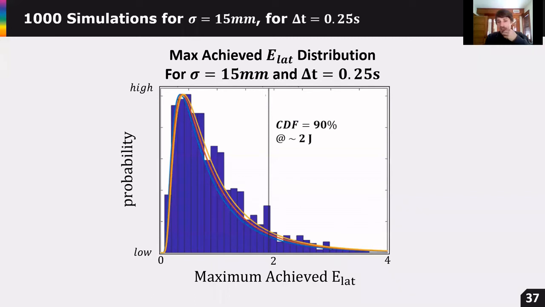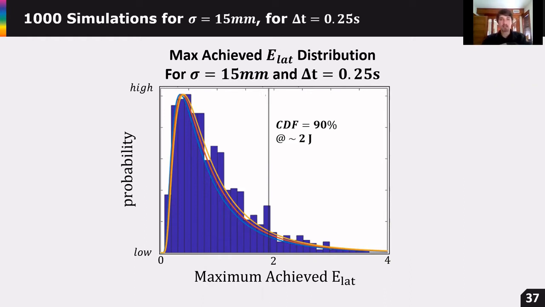The 90th percentile, the CDF at 90% was about 2 joules. So what that means is, given a decenter of 15 millimeters of the beam presented at the Tyler frequency, it can be expected that 90% of the time, the sail's lateral oscillation will be below 2 joules after a quarter of a second.